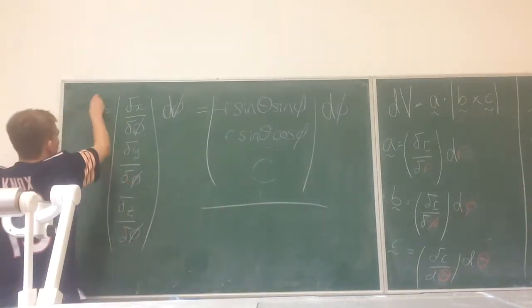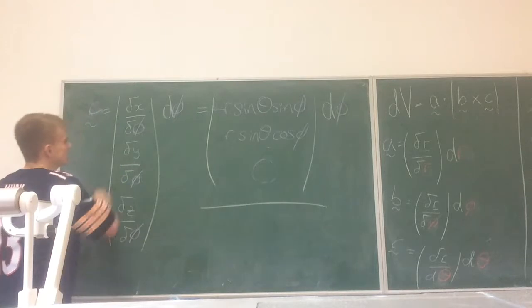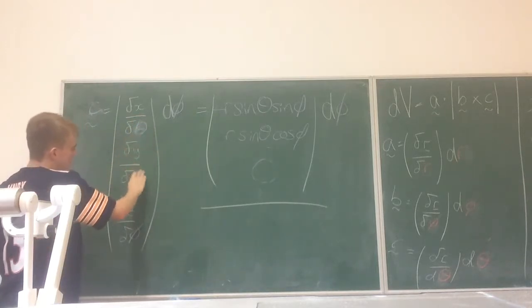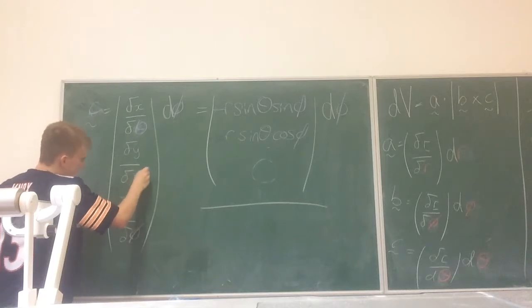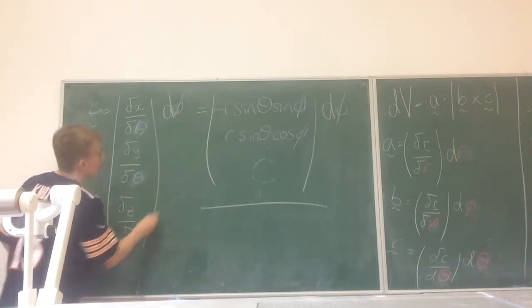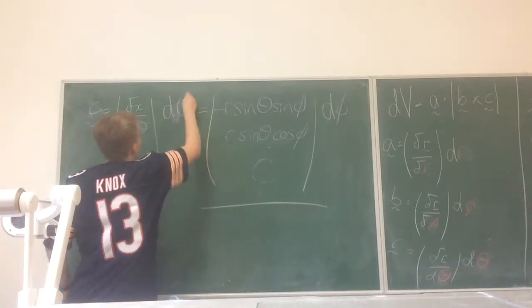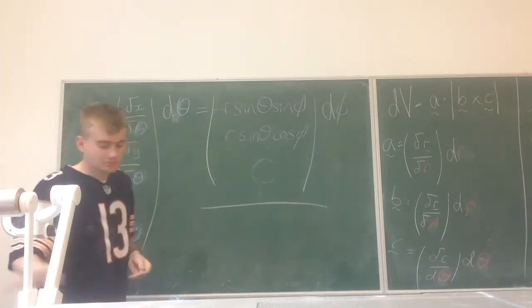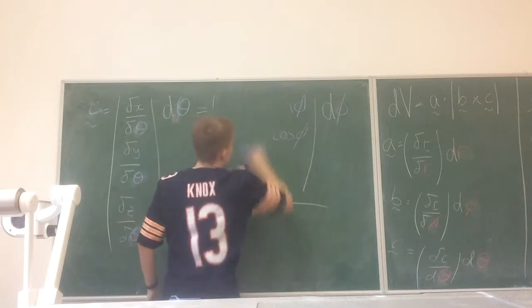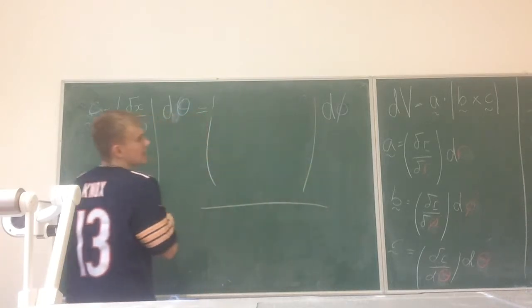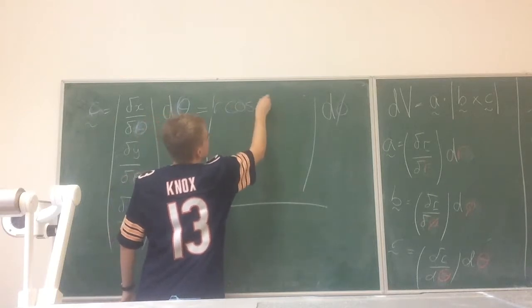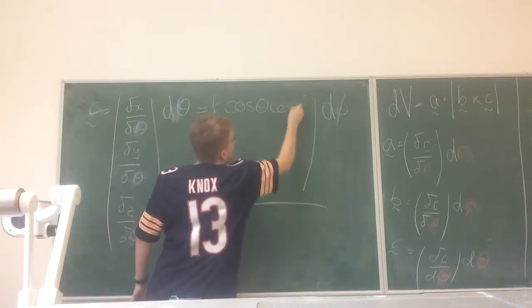So the x, the y, and the z stay the same. All that changes is this phi changes for a theta. Okay, so when we have x and we differentiate it with respect to theta, we no longer get these. What in fact we get is r cos theta cos phi.